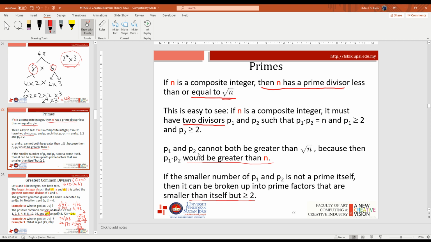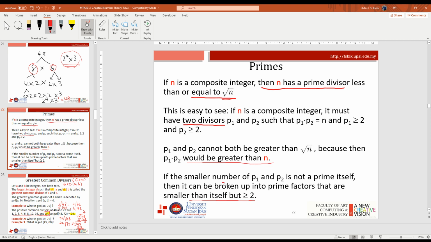And then p1 and p2 cannot both be greater than the square root of n, because p1 multiplied by p2 would be greater than n. For example, 3 multiplied by 3 is 9, and the square root of 9 is 3.